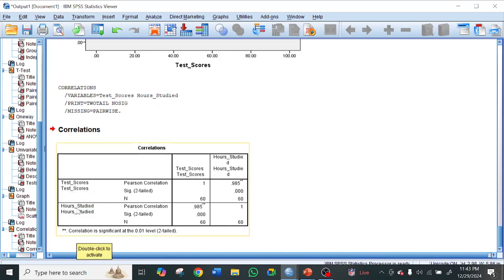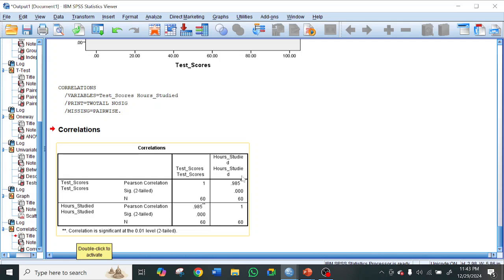So you can see the test score and study hours. The total number is 60 and the best correlation is 1, but then this is what we have: 0.985, significant at 0.00, and for study hours 0.985, significant at 0.00.